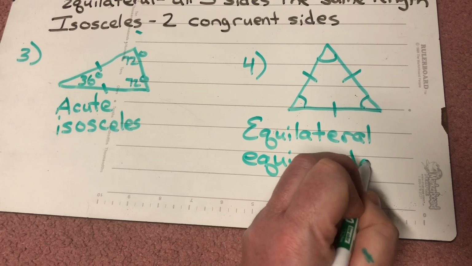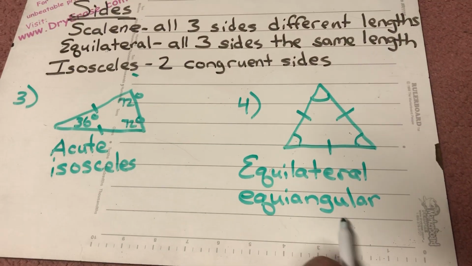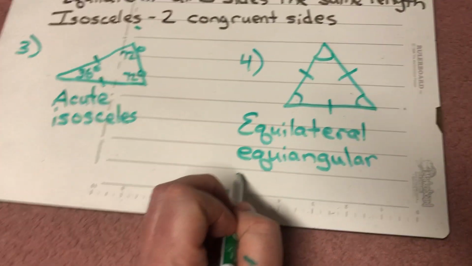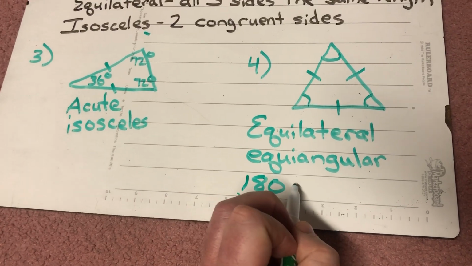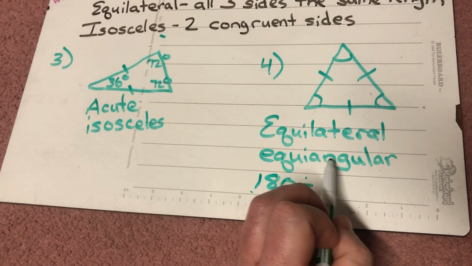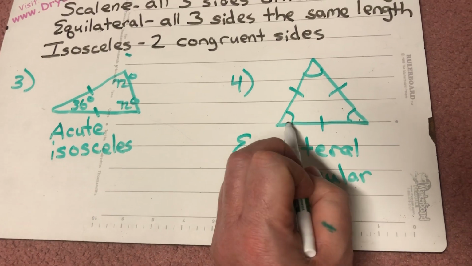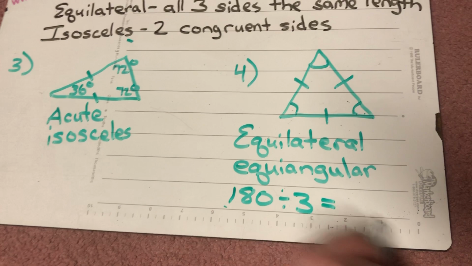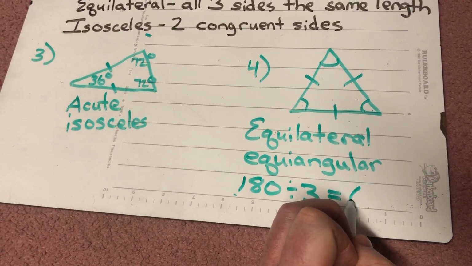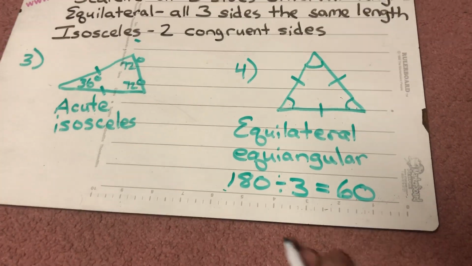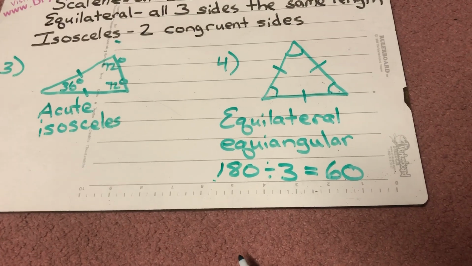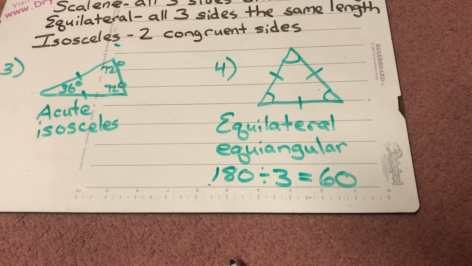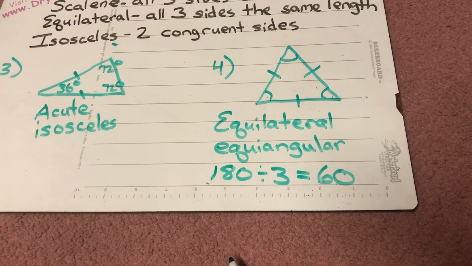However, as we figured out, all three angles combined are 180 degrees in every triangle, and since they're equiangular, they're all the same. I have 3 angles in a triangle, so when I do 180 divided by 3, it equals 60, which means all those angles are 60 degrees, which means all of them are acute angles because they're less than 90.